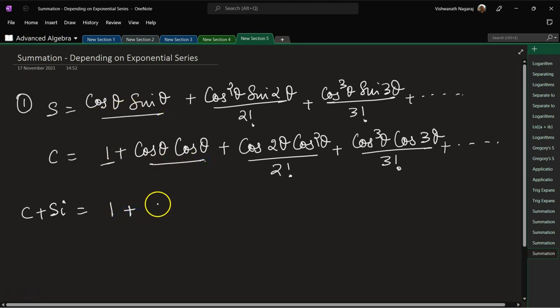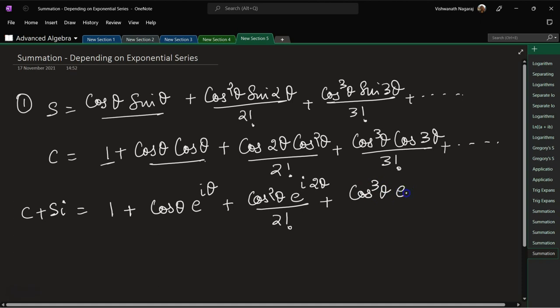these two will give us, cos theta is common, so cos theta plus i sin theta will give us e to the power of i theta, plus cos square theta is common, and we have cos 2 theta plus i sin 2 theta, which can be written as e to the power of i 2 theta by 2 factorial, plus cos cube theta, and in this case e to the power of 3 i theta by 3 factorial, plus on and on and on.